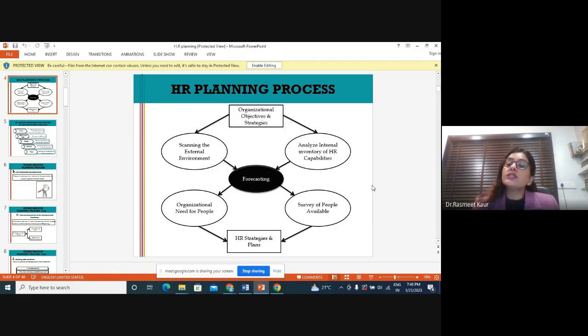So when we do this manpower planning, it gives us clarity. You come to know more about your internal inventory, your internal HR, and you will be able to retain effective, good people in the organization, because you will be giving them the chance to come forward to take up certain jobs, certain positions of higher rank. They'll also be satisfied.